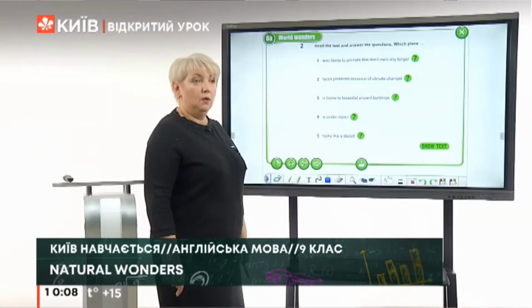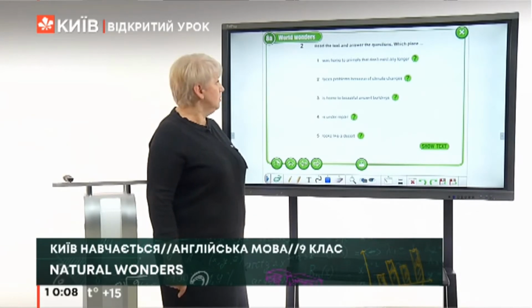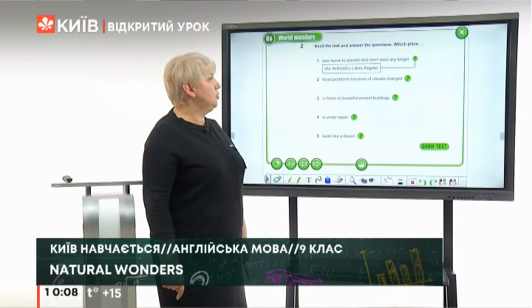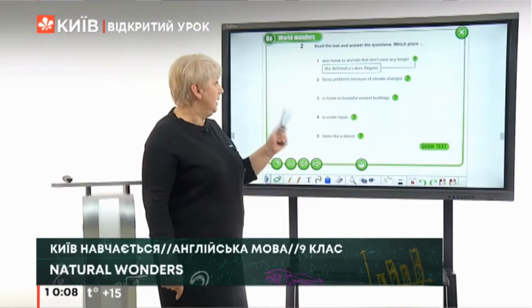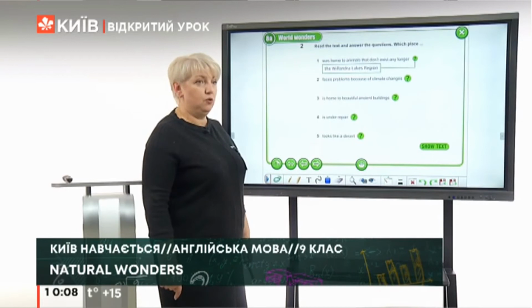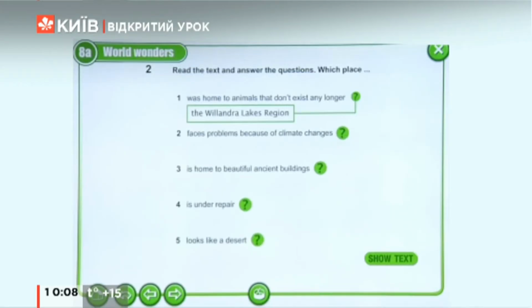Good. And now we have an exam-like task on the text on reading comprehension. So answer the questions. Which place was home to animals that don't exist any longer? Yes, you're absolutely right. It's the Willandra Lakes region. The next one. Which place faces problems because of climate changes?